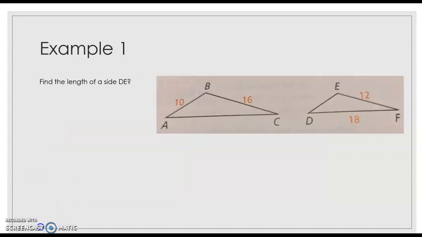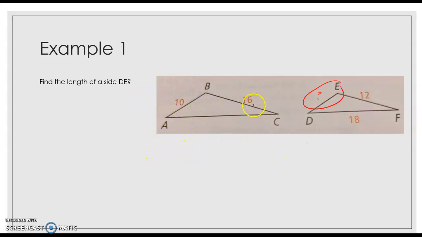All right. So how do we find the length of DE? First figure out where DE is. So here's DE. That's my question mark, right? From there, I only need to be worried about side lengths that are in the same position. I can't pair AB with DF or EF because they're not in the same position.